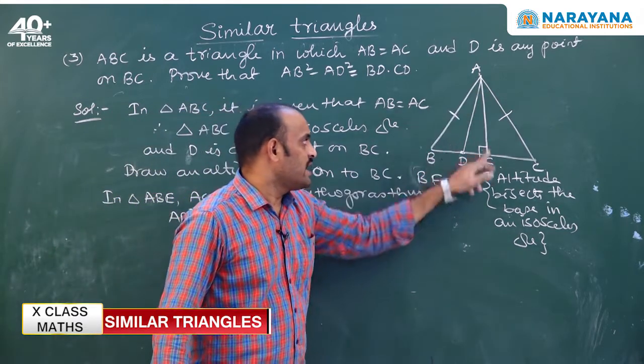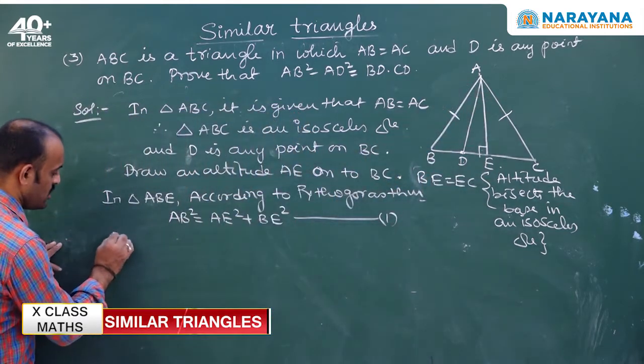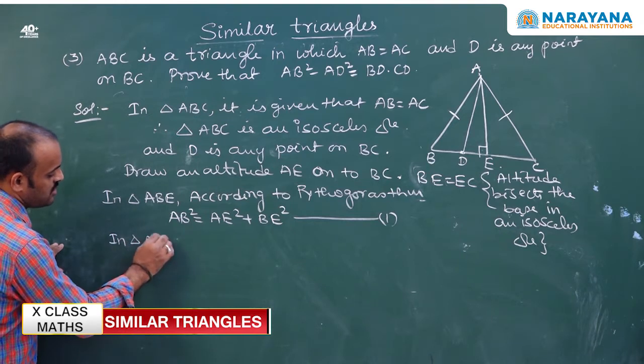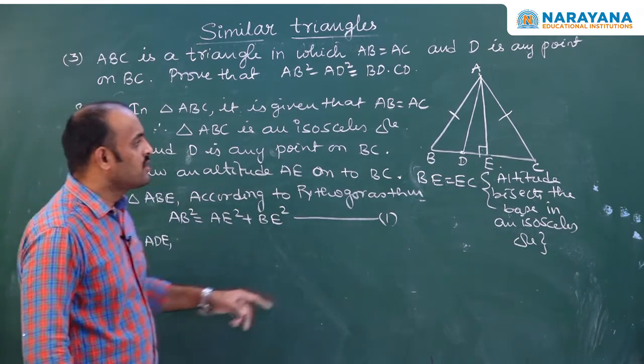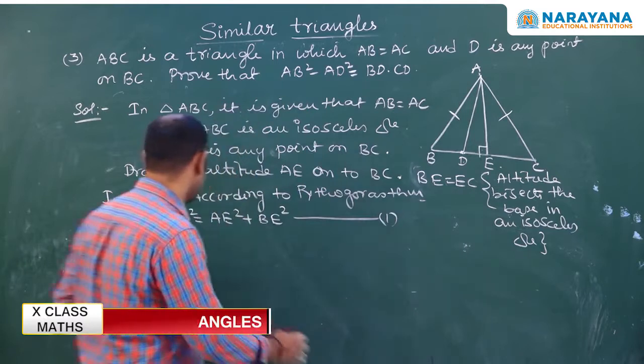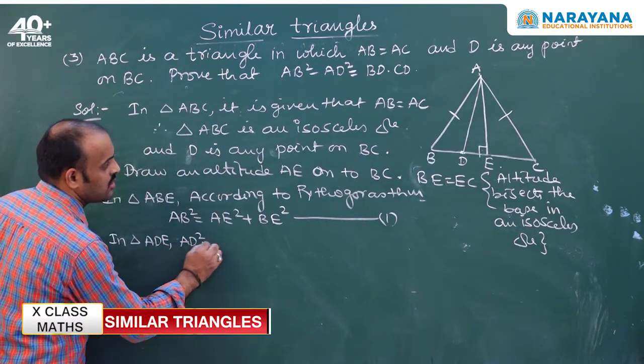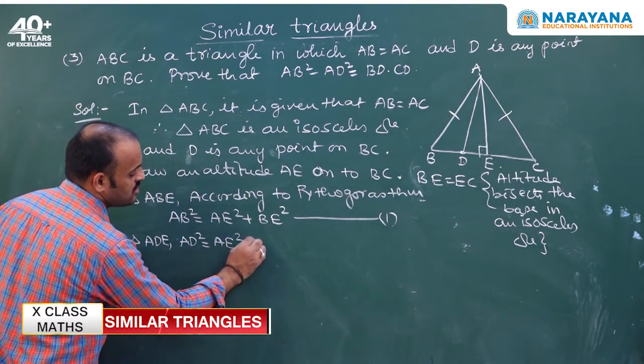Similarly, in triangle ADE, AD square is equal to AE square plus DE square.